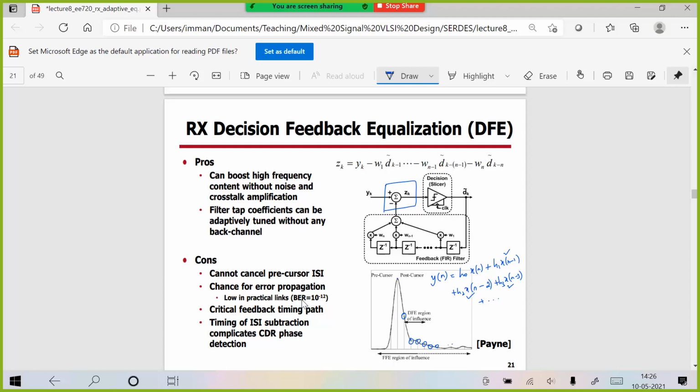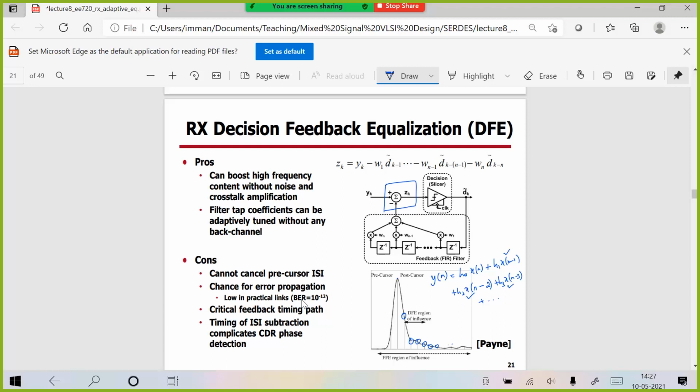Okay, what are the disadvantages? Obviously it cannot cancel precursor ISI, correct? It can take care of post cursor ISI because it is working on data that has already been received by the receiver, but it doesn't have any idea about the data which is going to come in future.